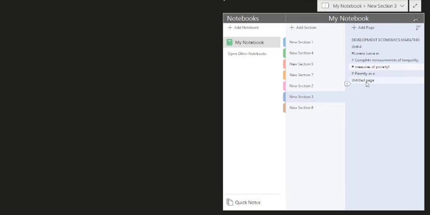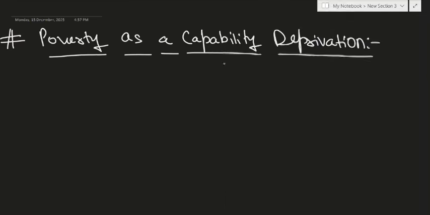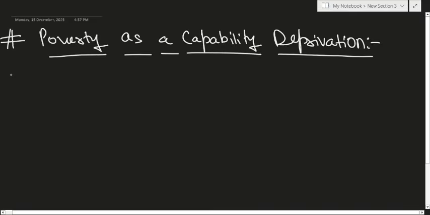So now let's move to the next topic. This is poverty as a capability deprivation. Okay, so let's continue with poverty as capability deprivation. So this is a nice reading. You can give a quick reading to it and make your own notes.